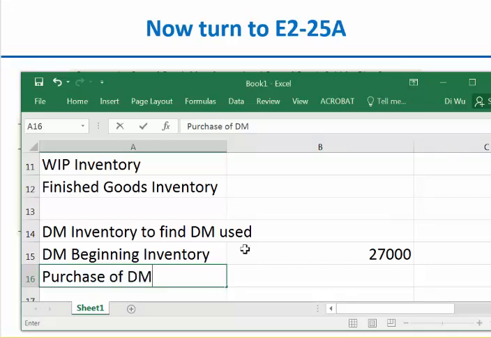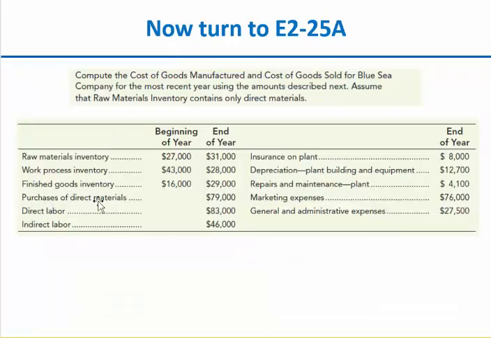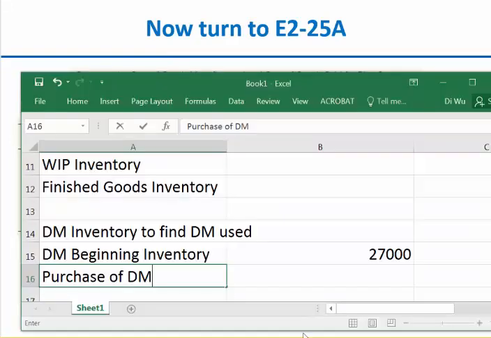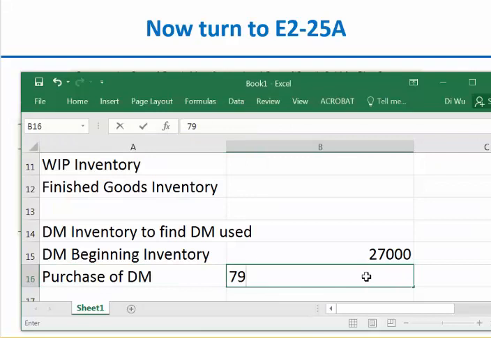So you may have to buy some new raw materials in order to complete your unfinished products from the last fiscal period, plus some products in the new production plan. So the purchase of direct materials, what I have here is 79,000. So I'm going to put the 79,000 here.